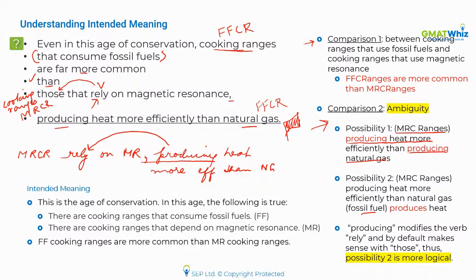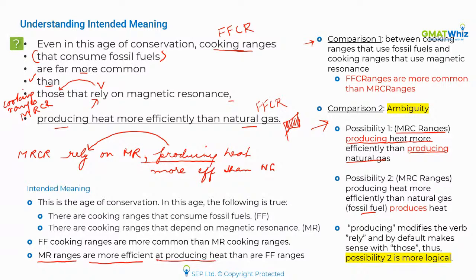Fossil fuel cooking ranges are more common than magnetic cooking ranges. And we are saying magnetic resonance ranges are more efficient at producing heat than our fossil fuel ranges, or what we are saying is natural gas range.